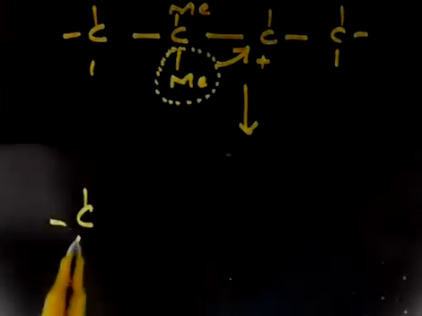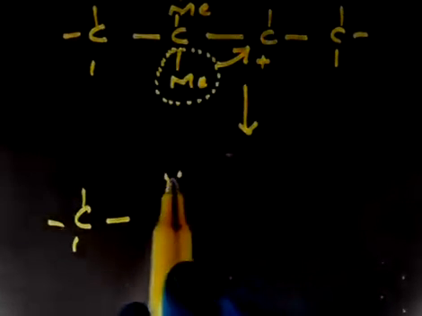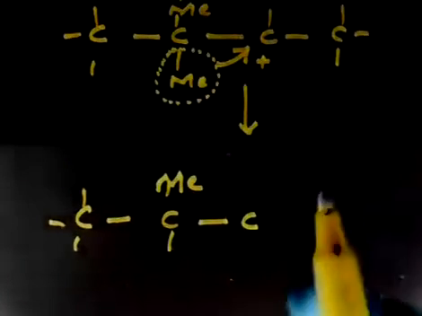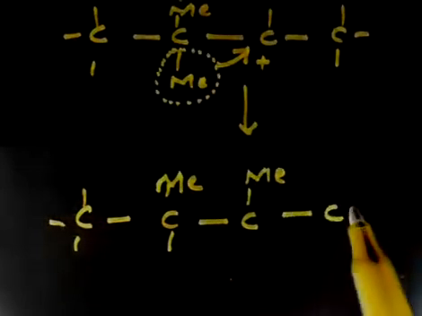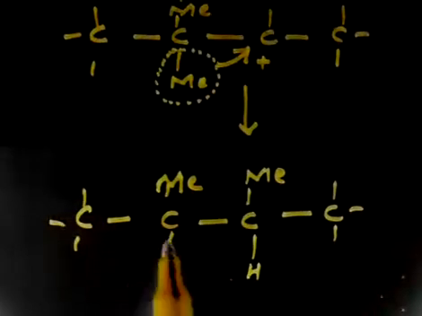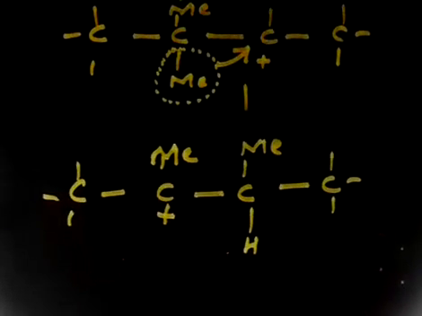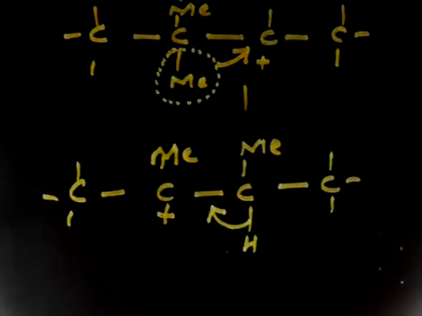So CMe, here you have Me, but at this carbon, because I have already shifted one methyl group, you will have one methyl, one carbon, and there will be a hydrogen and a plus charge. So on this carbon there will be a plus charge. Now in the next step, if you lose H plus, you can get an alkene.